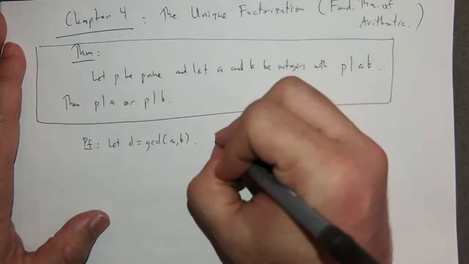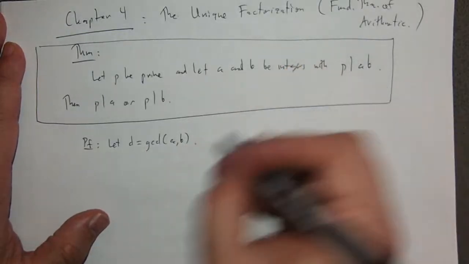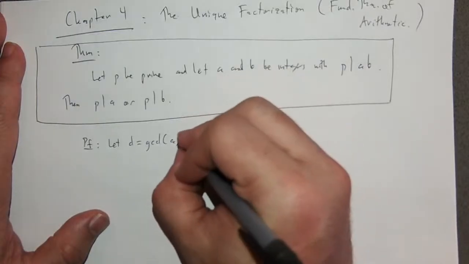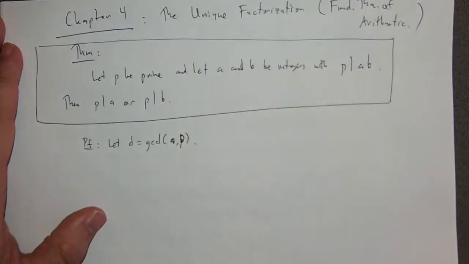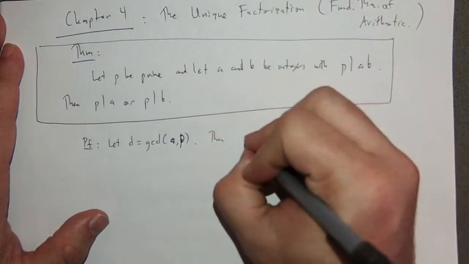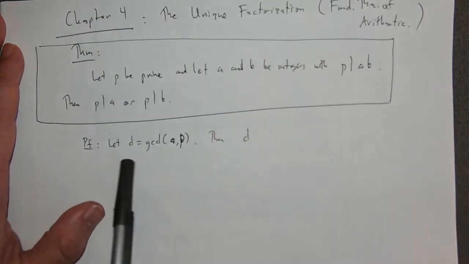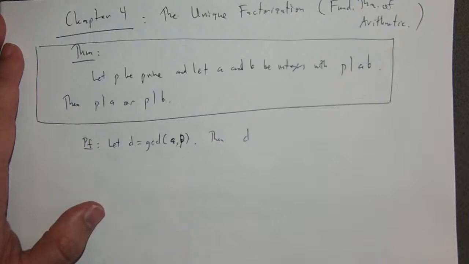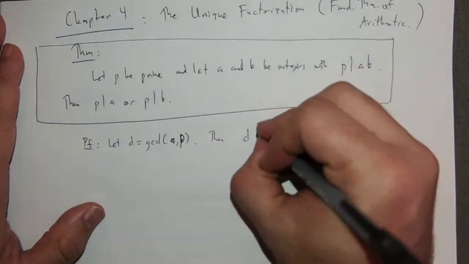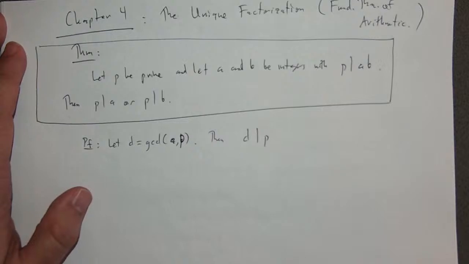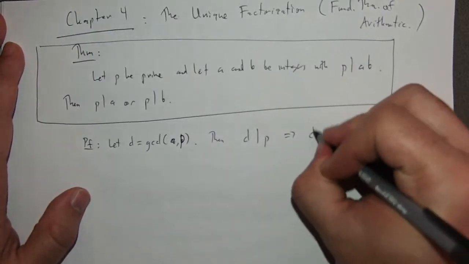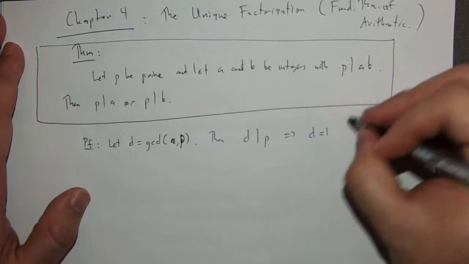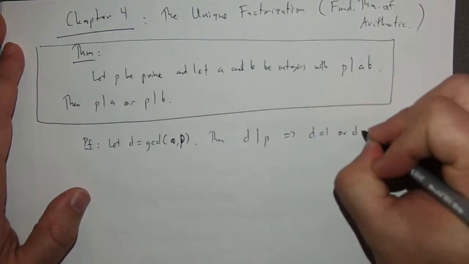So let D be the GCD of A and P. By virtue of the fact that D is a common divisor of A and P, D divides P. But P is prime, so this means that D is 1 or D is P.